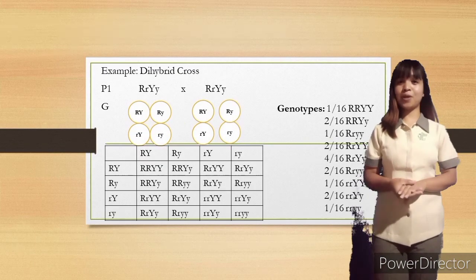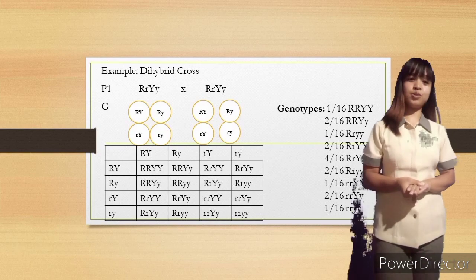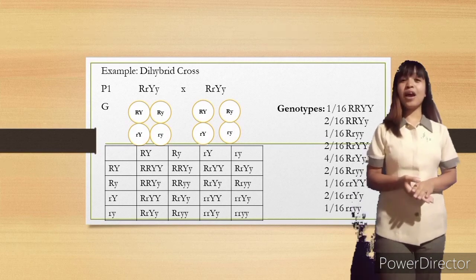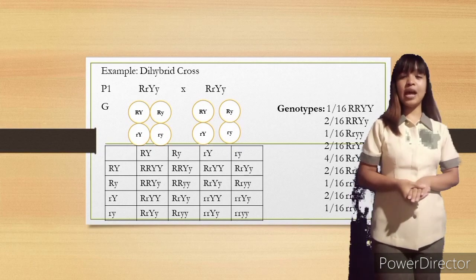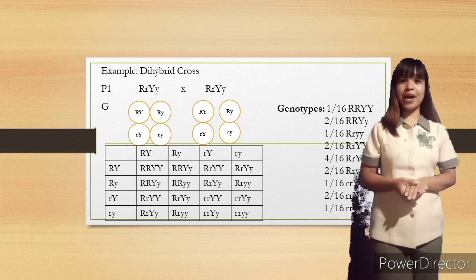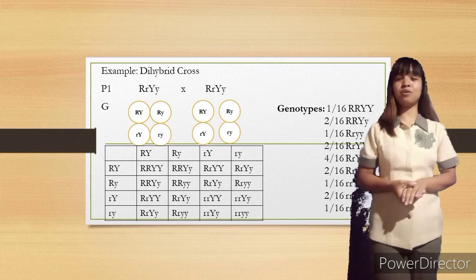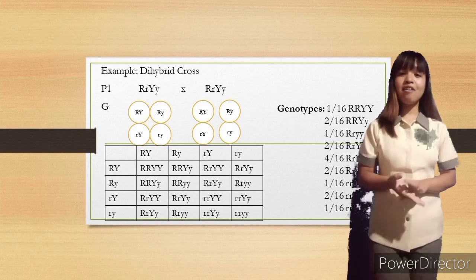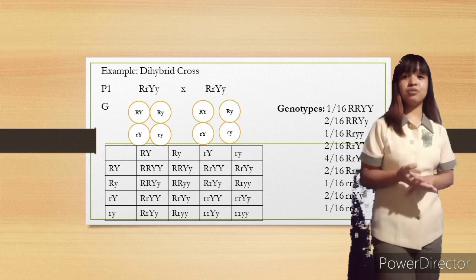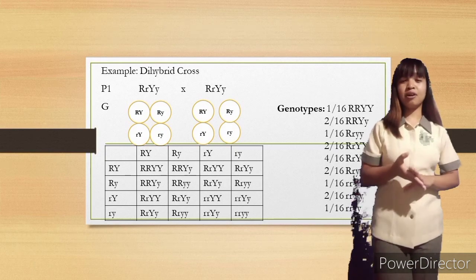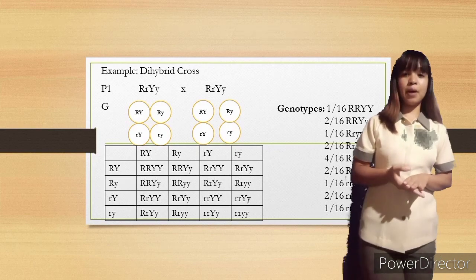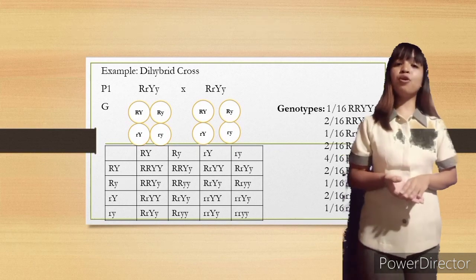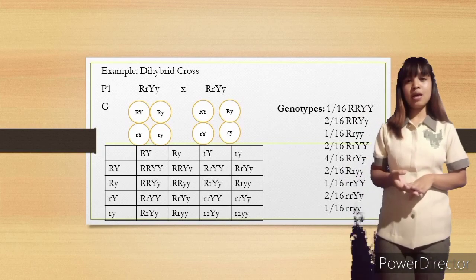So our next example is on dihybrid cross. As usual, we have to determine first the parents. So we have to cross here heterozygous RrYy with a heterozygous RrYy. After determining the parents, we are going to determine the gametes. The gametes are capital R capital Y, capital R small y, small r capital Y, and small r small y.